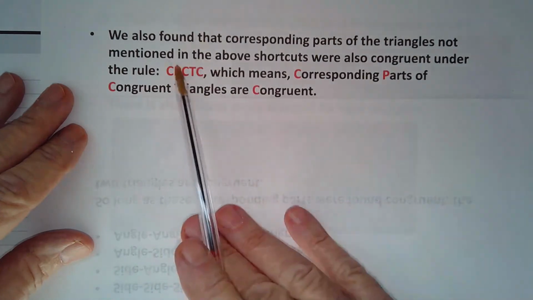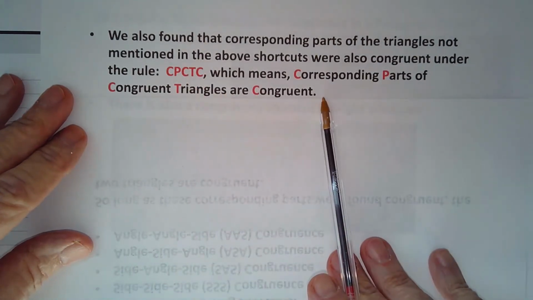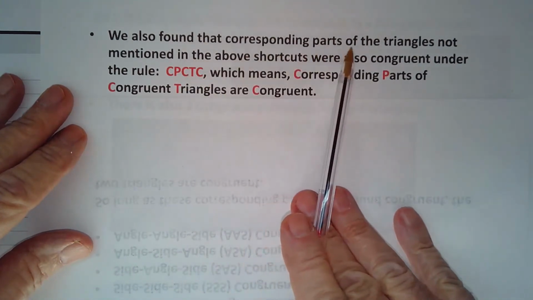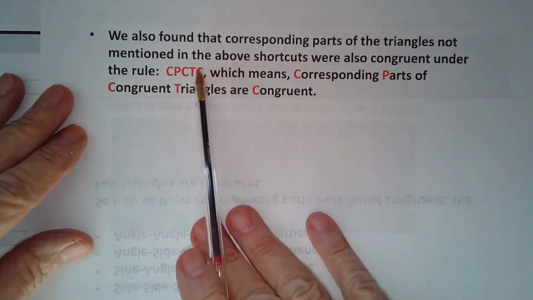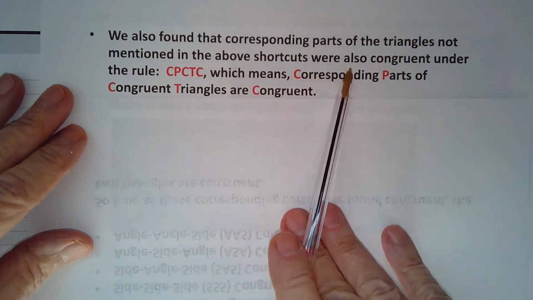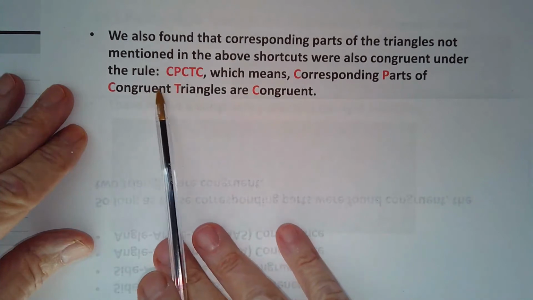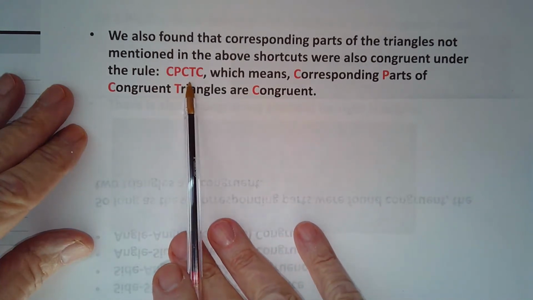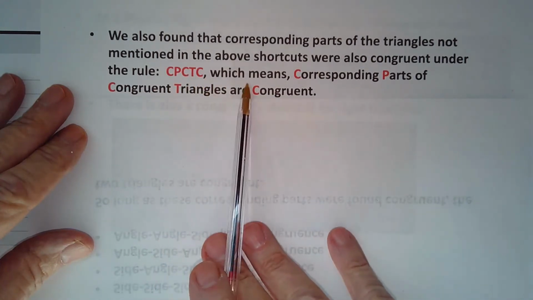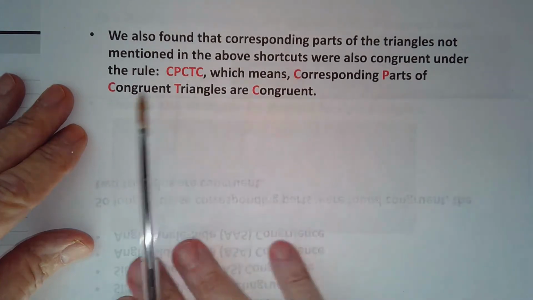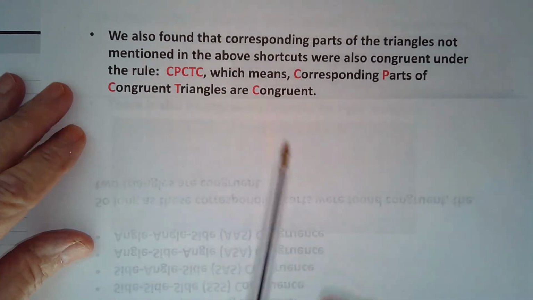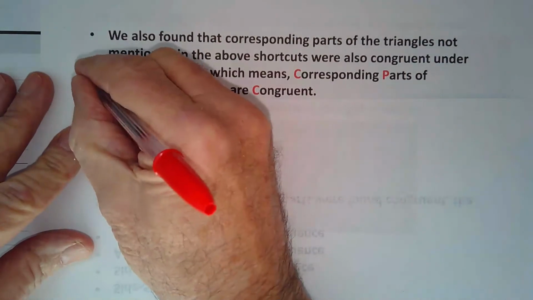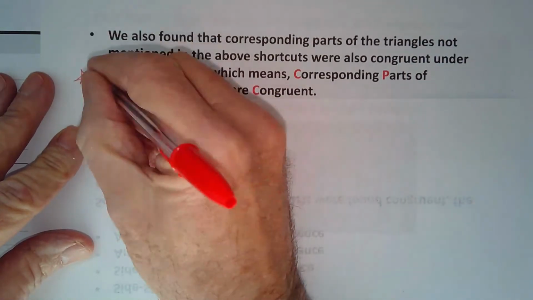So this particular concept was developed. Corresponding parts of triangles not mentioned in the above shortcuts were also congruent under the rule CPCTC, which means corresponding parts of congruent triangles are congruent. This is a huge, huge shortcut for people.